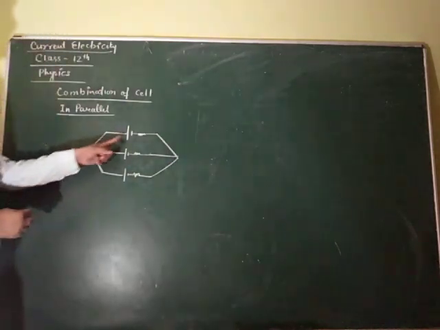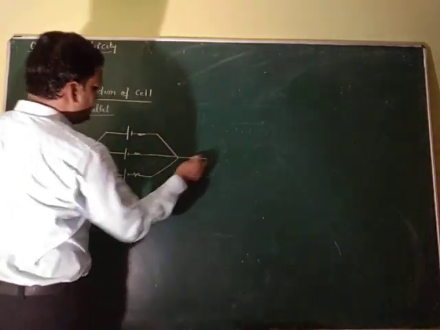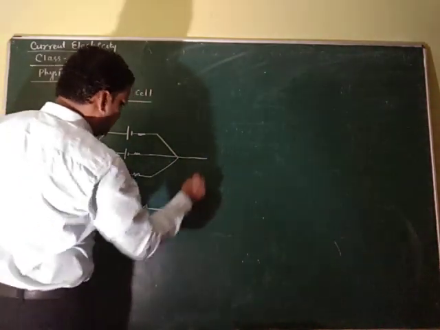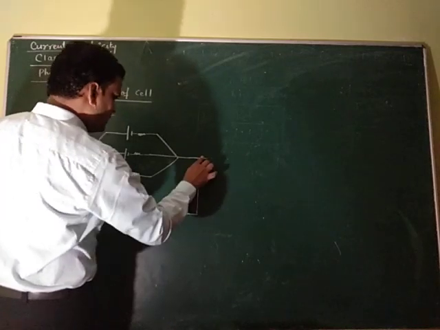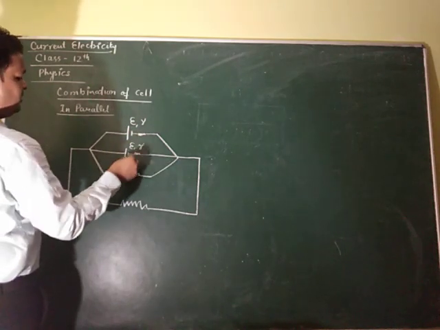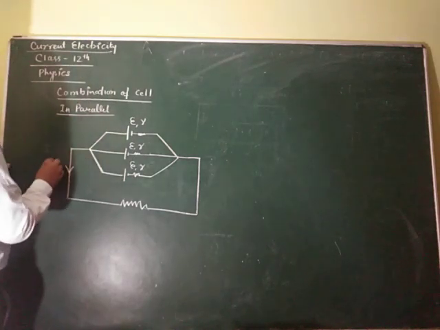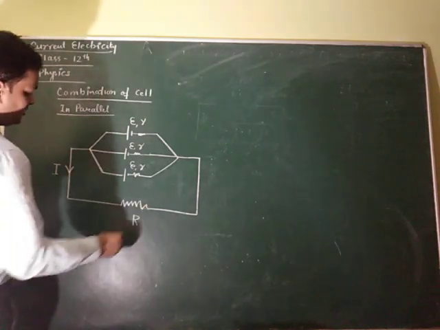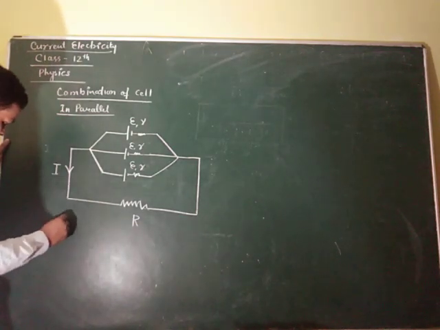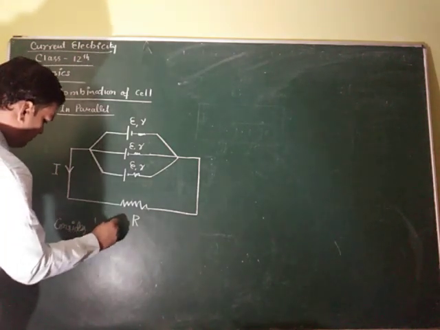When all positive terminals are connected together and all negative terminals together, such a combination is known as a parallel combination of cells. Here each has an EMF E and internal resistance r. If all these EMFs send current I through the resistance R, as we already drew in series, then consider n cells.